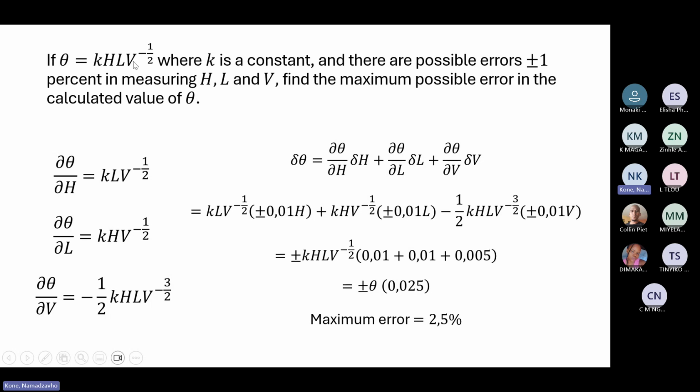If V was not involved here, our variables would be H and L, so we would have only these 2. If there are 3, like we have, these 3. If it's 4 variables, we will add the partial derivative of the other variable and then the delta of that variable, and so on. There can be 5, there can be whatever number. It doesn't matter. The way of doing it is exactly this one. No question?